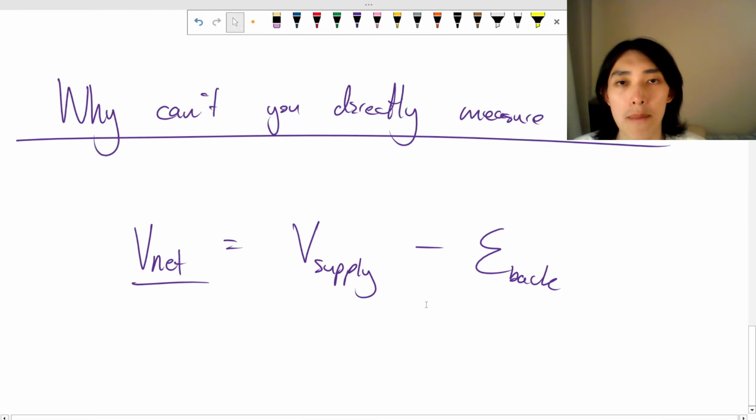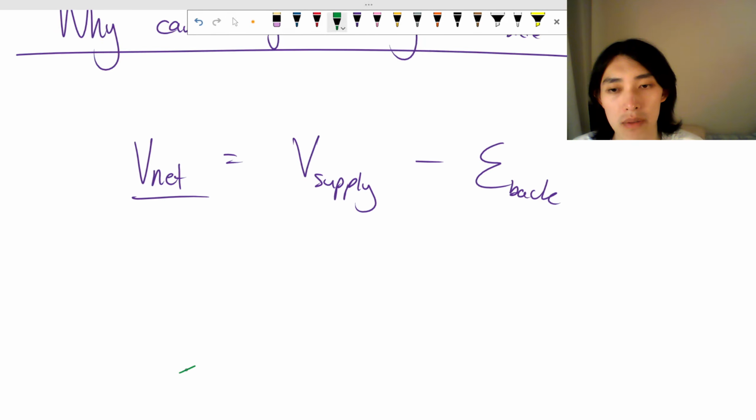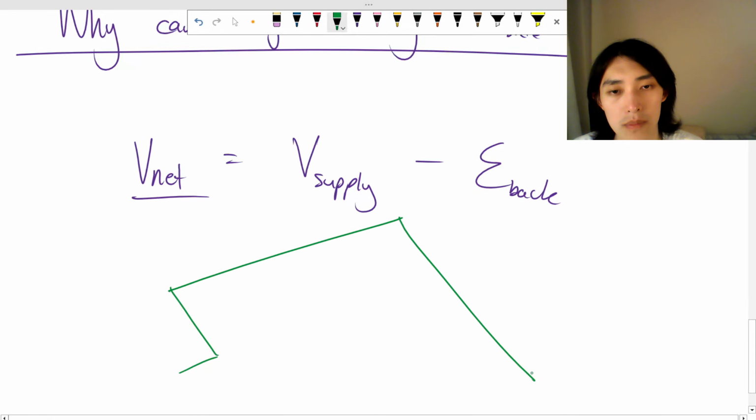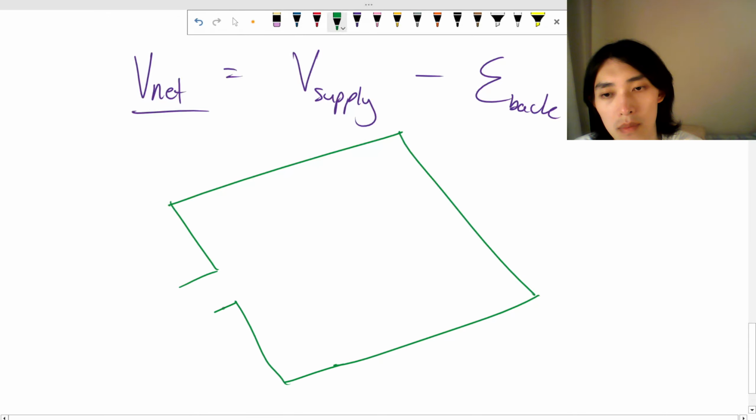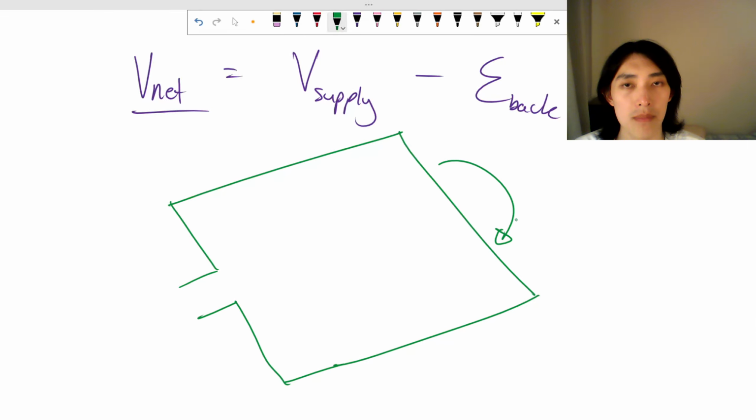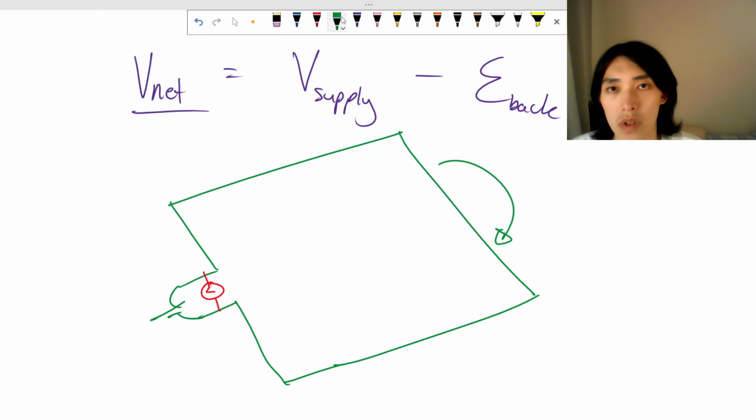So, for example, if you were to have a coil here, right, and it's rotating, right? If you have a multimeter, a voltmeter here, measuring the voltage here, and let's say that the voltage here is 10 volts.